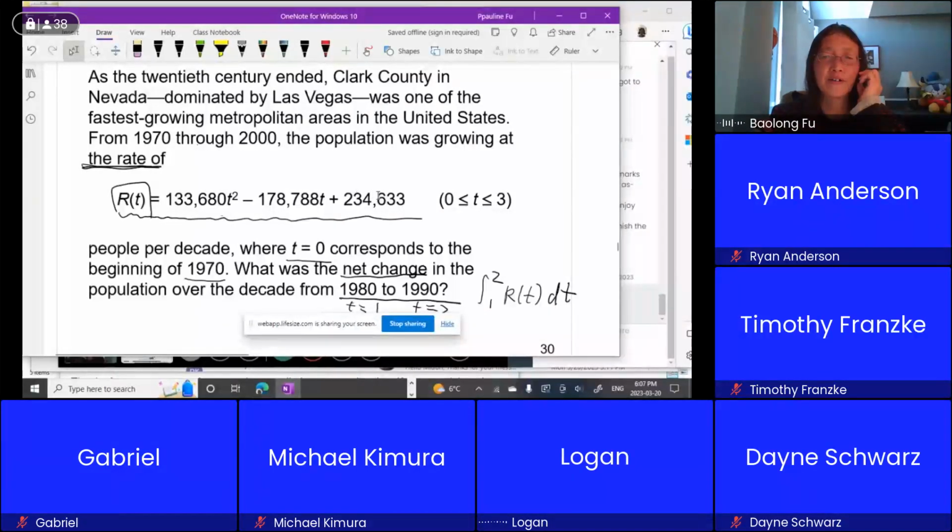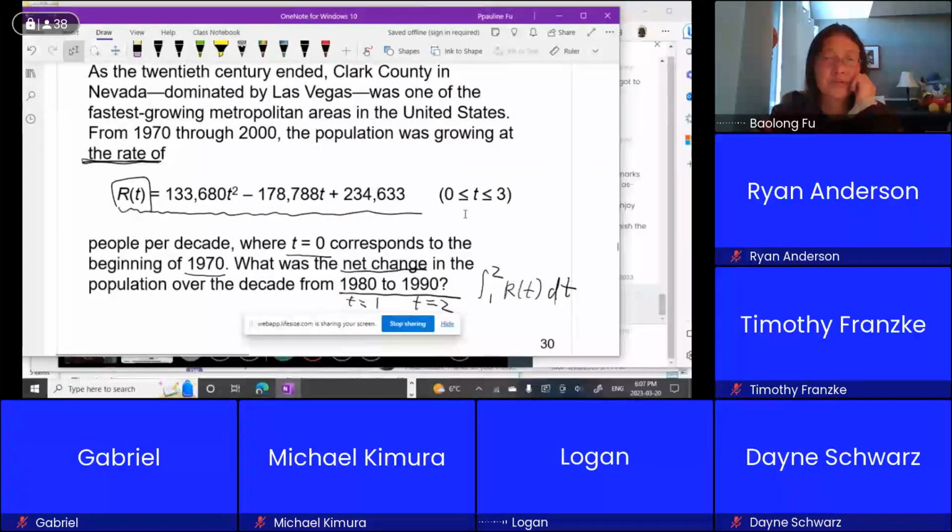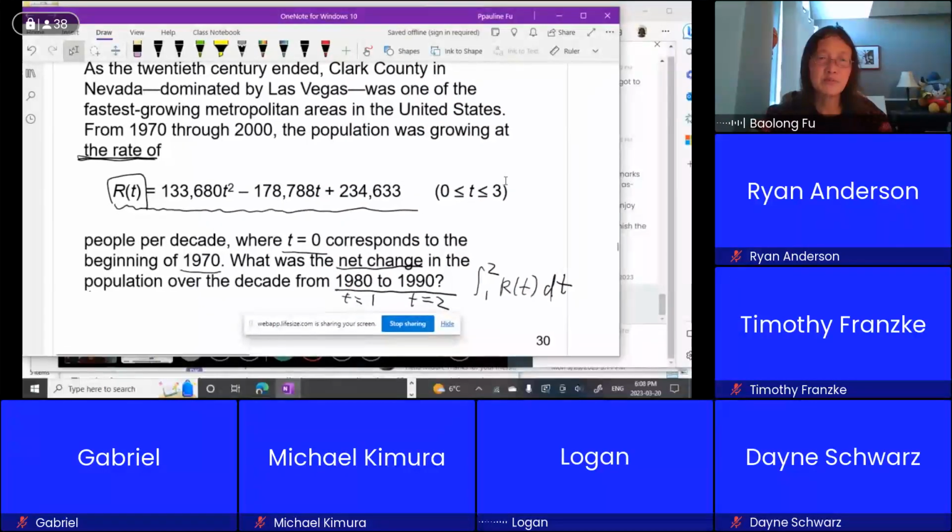No, because 1 unit of t represents 1 decade, 10 years, not 1 year. Thank you for asking. Okay, I pause for a moment to see if you have any other questions.